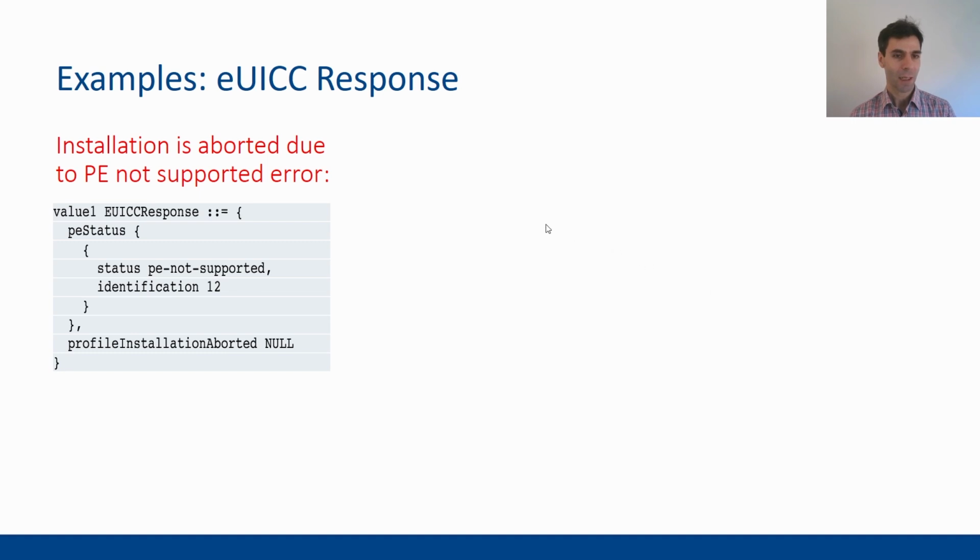What we can see here in the EUICC response object is a PE status, and within the PE status there is a status code indicating that the error is PE not supported, and the identification of the PE causing this error. On top of this, the EUICC response shall contain the profile installation aborted null, which means that the profile installation is aborted.